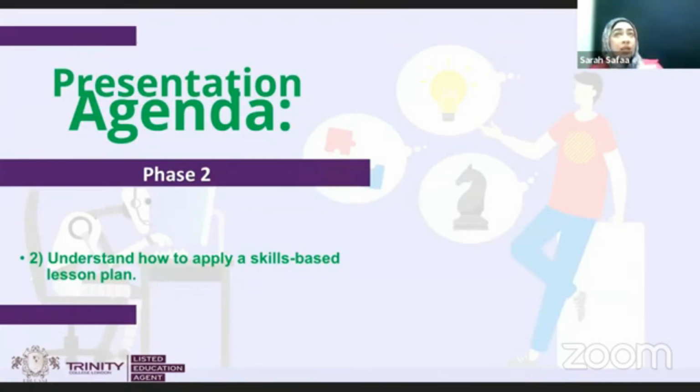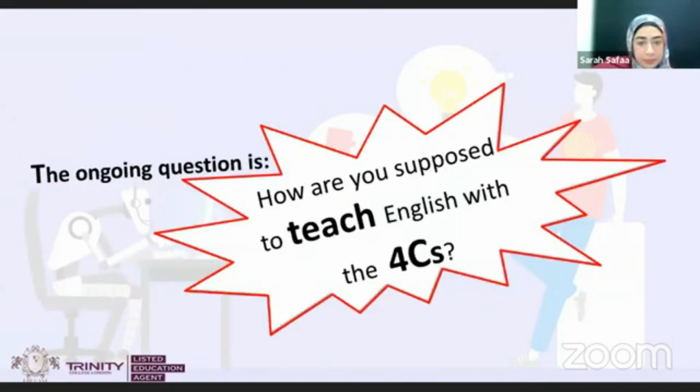We know how to evaluate and mentor our students and take notes when it comes to their skills. But how can we actually put this into action? How can I prepare a lesson plan that is based on the 4 C's? This is what we are going to know right away.